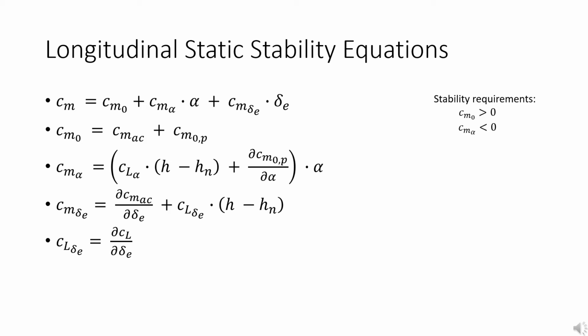Let's go over the static stability equations and how they are slightly different for flying wings. Here is the moment coefficient buildup for longitudinal static stability. This is very similar to tailed aircraft, except of course the lack of tail contribution. There are fewer terms, which gives the illusion of simplicity, but practically this makes flying wings difficult to design.